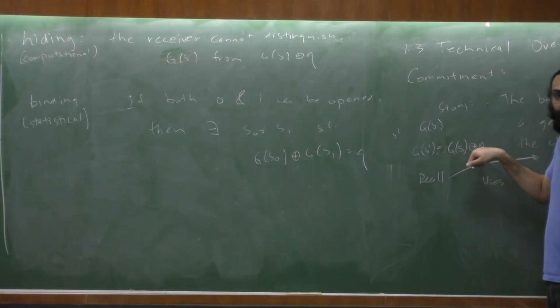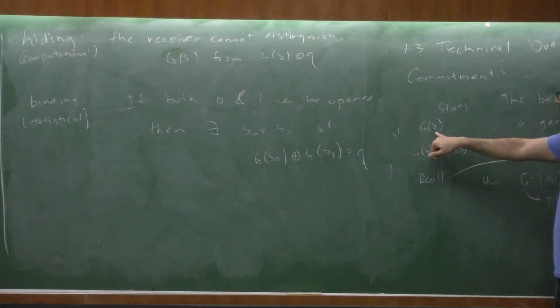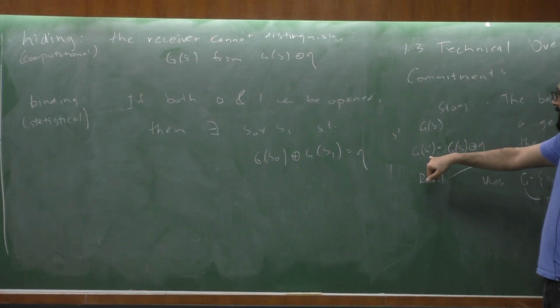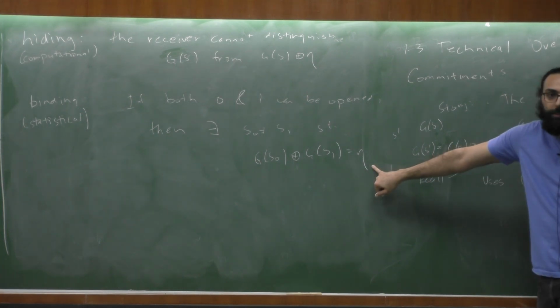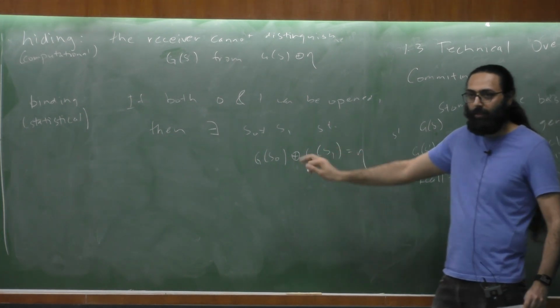So if it's a 0, it just sends S. To send a 1, he'll have to send an S prime such that this is true, which is just saying this statement, right? So he has to be able to find these S and S prime.